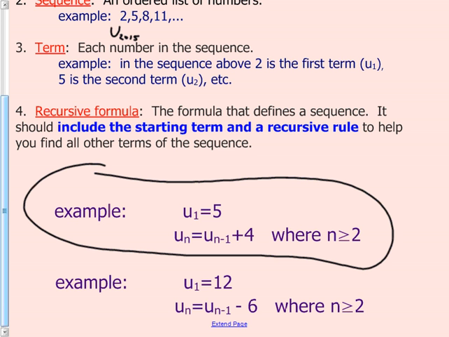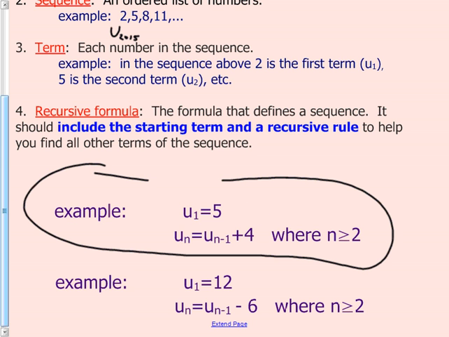So in a recursively defined sequence, you have to tell the person what you're going to call the first term and what the first term is. So do you see that they are saying we're going to start with U sub 1, and the first number in our sequence is a 5.